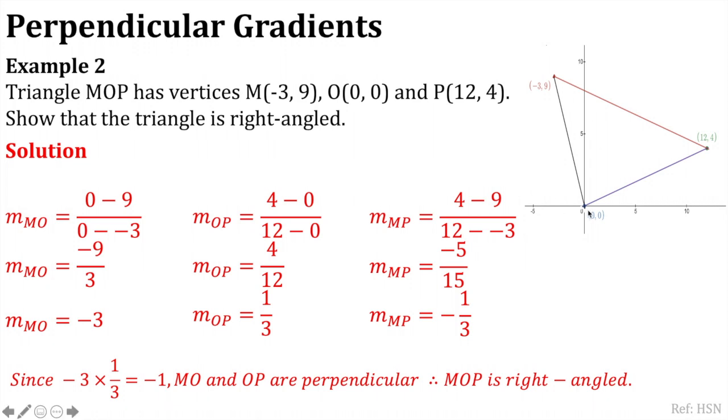You can see the sides here, there's O, that's M, and that's P, and it was between MO and OP where the right angle was occurring. So MO and OP here, and you can see that that is a right angle. So it just confirms exactly what we've done as well. So just now would be a good idea to pause the video before the screen goes blank and copy this example down in your notes jotter as well, folks.